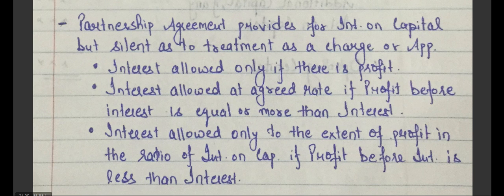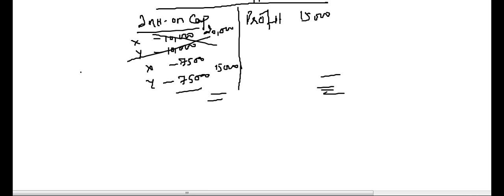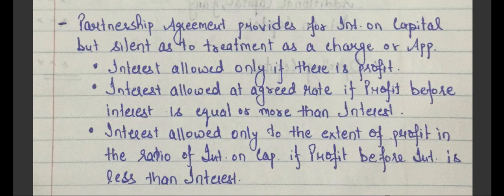Profit before interest is 15,000, sorry, and the interest to be allowed is 20,000. Now the interest allowed is to the extent of profit 15,000 in the ratio of interest on capital. Here the interest on capital ratio is 1:1. So we are dividing the profit in the ratio of interest on capital, that is 1:1. Clear?